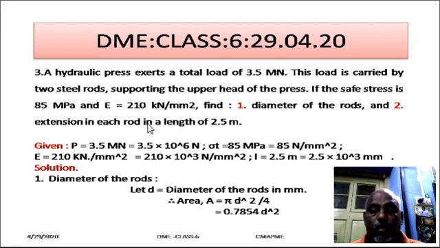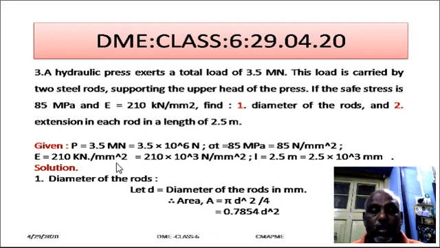So to solve the problem, first of all we write the given data. Load is equal to 3.5 meganewton, so 3.5 into 10 to the power 6 Newton. Tensile stress induced in the rods is 85 megapascal, that is 85 Newton per mm square.